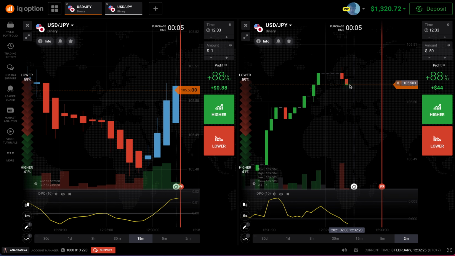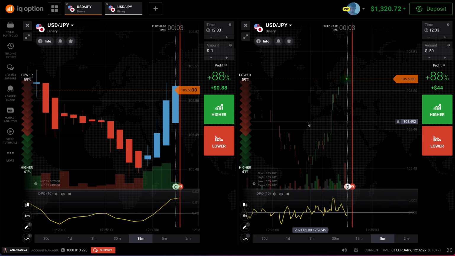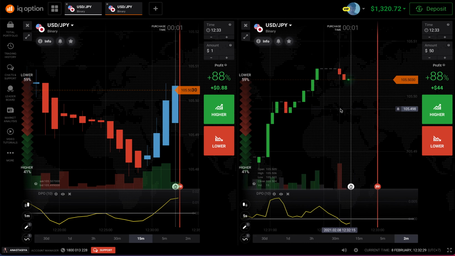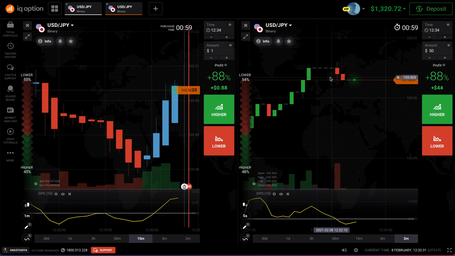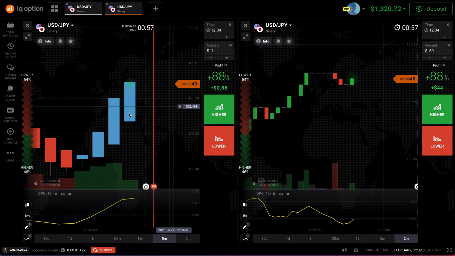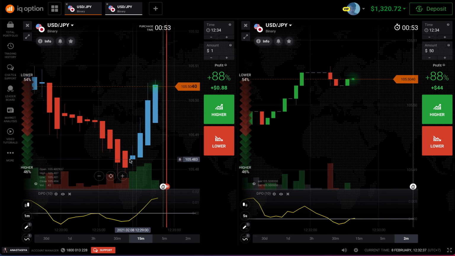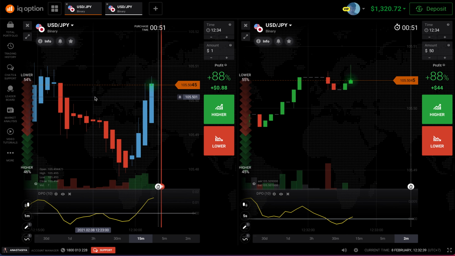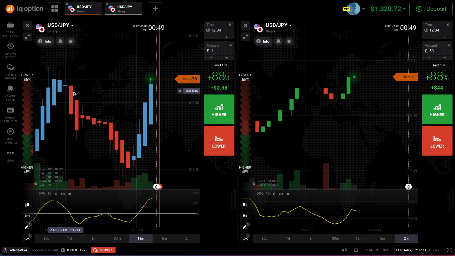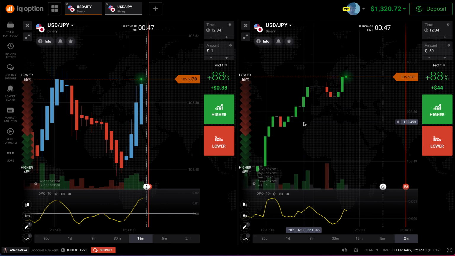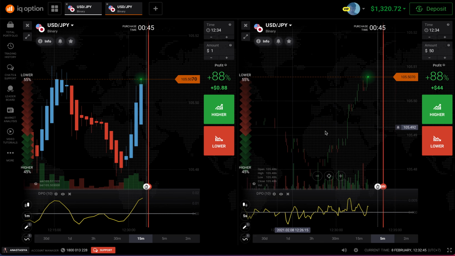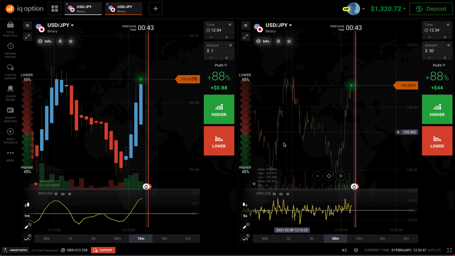So now we enter at the 5 seconds, because 5 seconds is much more precise for the entry point. So we're looking at both. We will wait for the trend to change, and when the trend has changed, then we can enter.